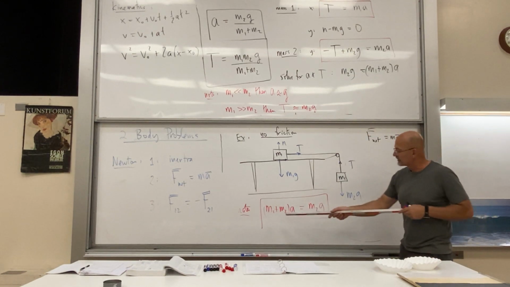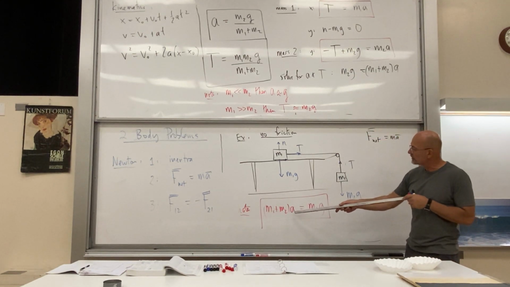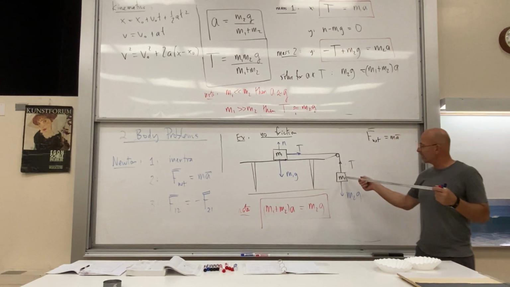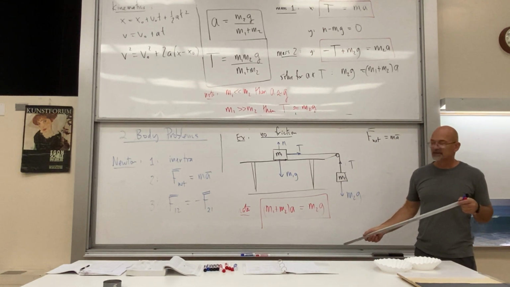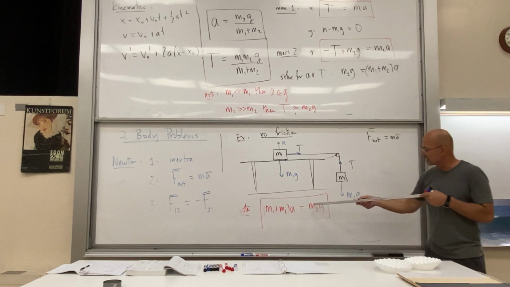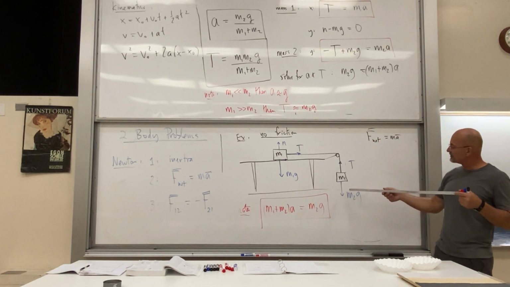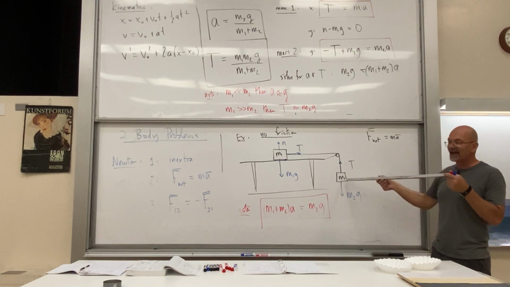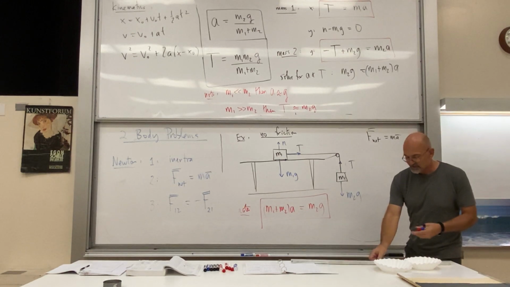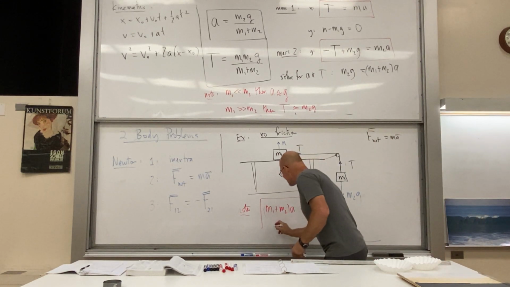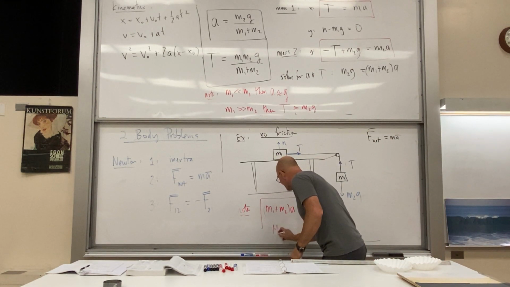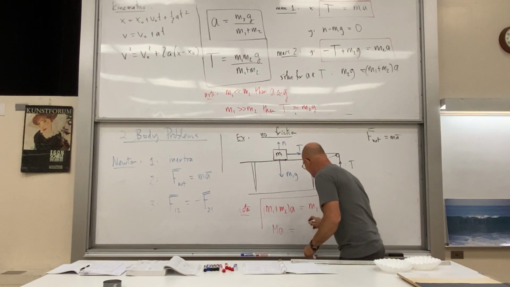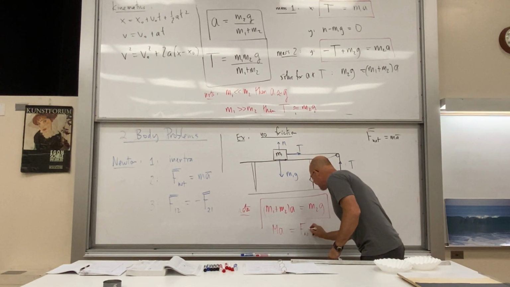What we have is the total mass. So the total mass, m1 and m2, provide the inertia. Remember, mass times acceleration is net force. The net force is only being provided by this hanging mass. So this really is mass, I'll give it a capital M, times acceleration equals F net.